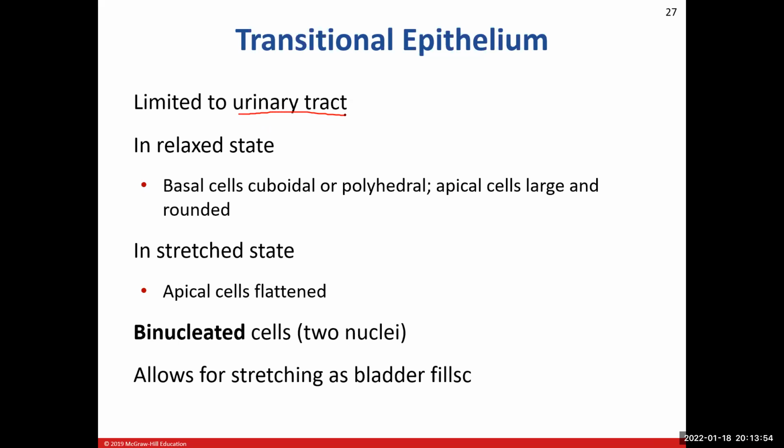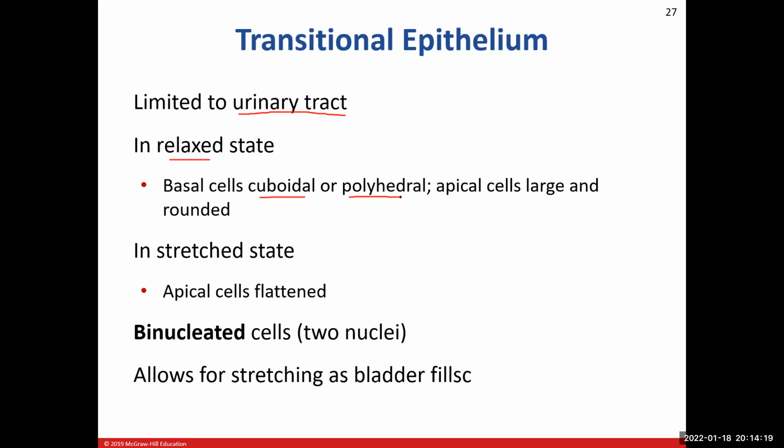Meaning, if we're going to talk about the urinary bladder, either your bladder's full or it's empty. So if it is empty, it's in the relaxed state. So the cells found towards the bottom of this epithelium are going to appear to be cuboidal, or what we call polyhedral.